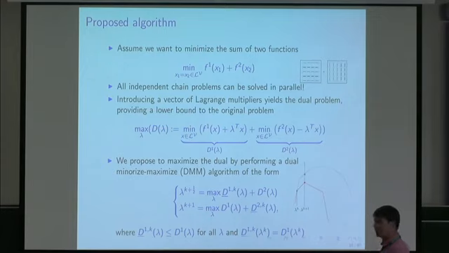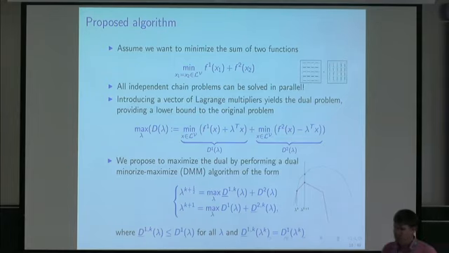And when does this work? This is based on a very classical principle, which is called majorize, minimize. And here, since we are maximizing the dual, it's called the minorize, maximize principle. So it means we need to find a minorant d underbar 1 of d1 of lambda, and then if we can solve this joint problem and we do this sequentially, then we have a guarantee that we monotonically increase the dual energy.